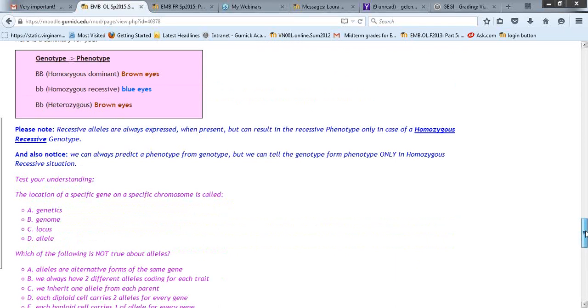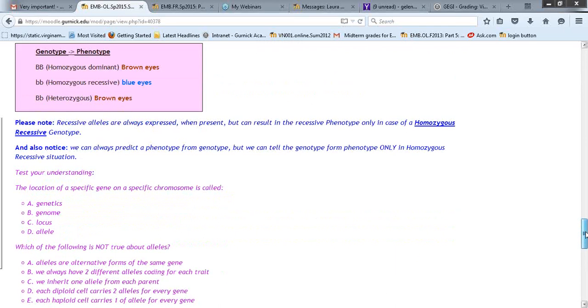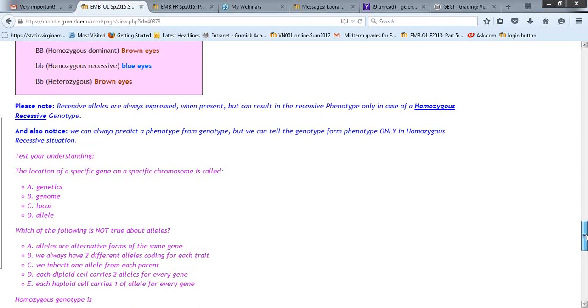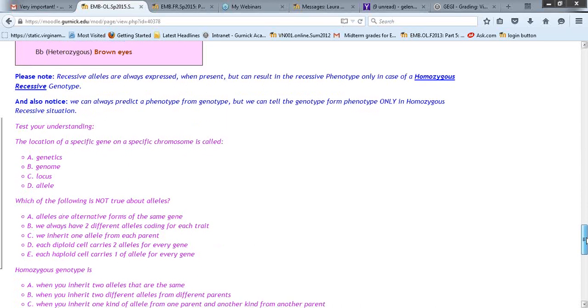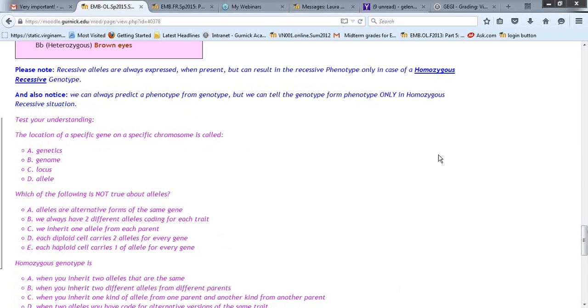Okay, so please note that the recessive alleles are always expressed when present, but can result in a recessive phenotype only if you have a homozygous recessive situation. So the only time you're going to see blue eyes is if you have a homozygous recessive genotype, meaning both alleles code for blue eyes.